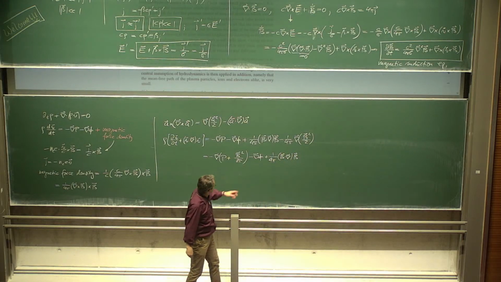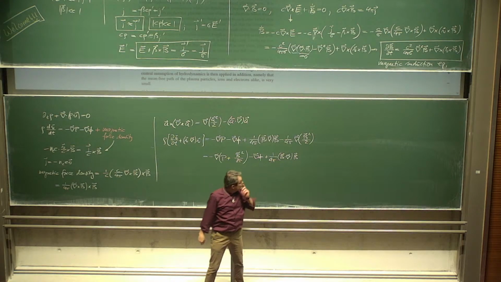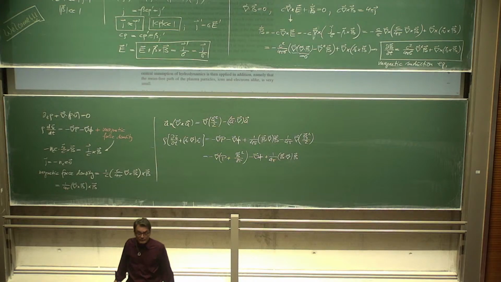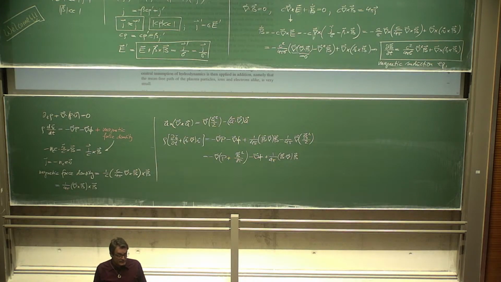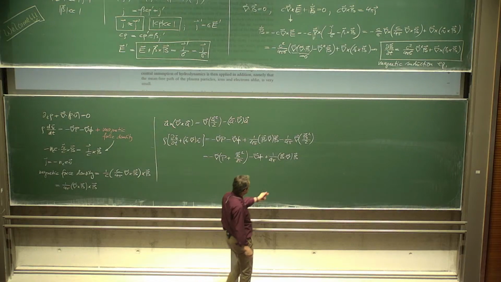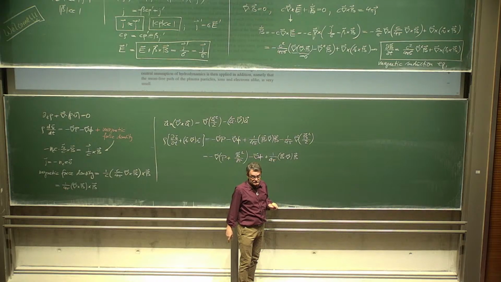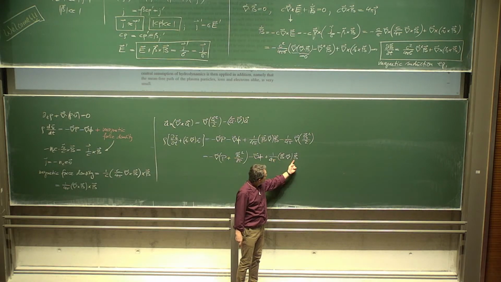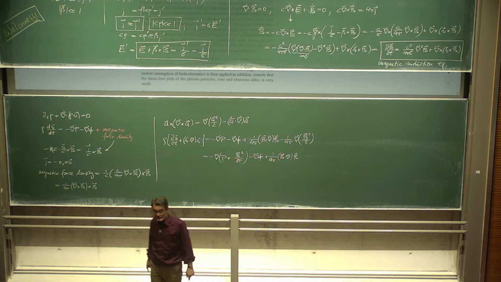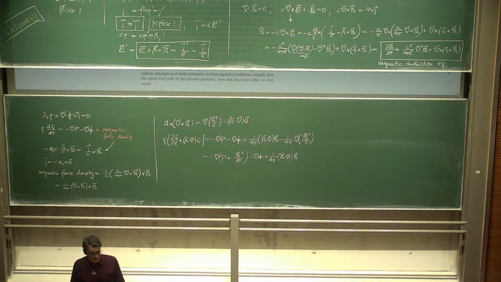Now what is this? B times gradient applied to B. This is the directional derivative in B direction applied to B itself. So this tells you by how much the magnetic field changes along its own direction.